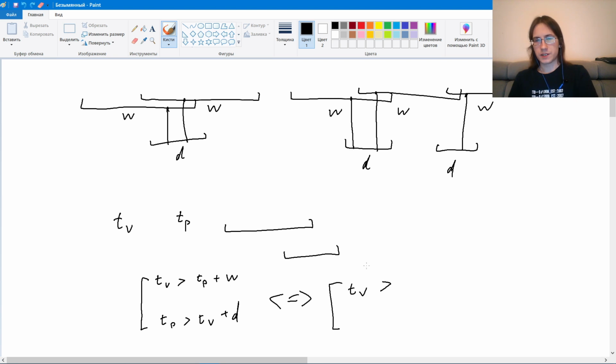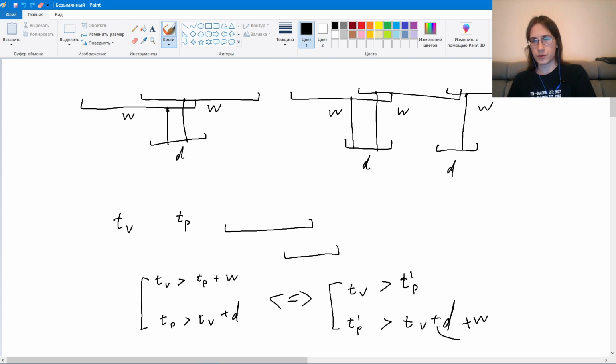Let's call Tp plus W T prime P. So here, let's express Tp as T prime P minus W. Let's move W to the right side. As you see, we have shown that it's not important what D and W are equal to individually.